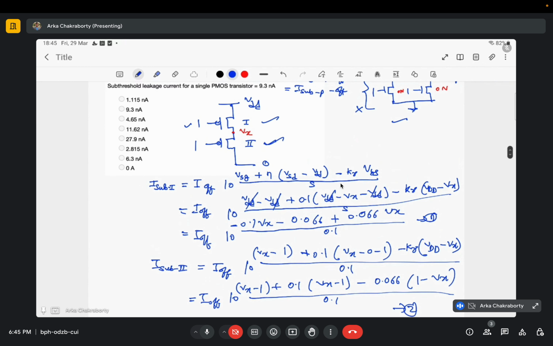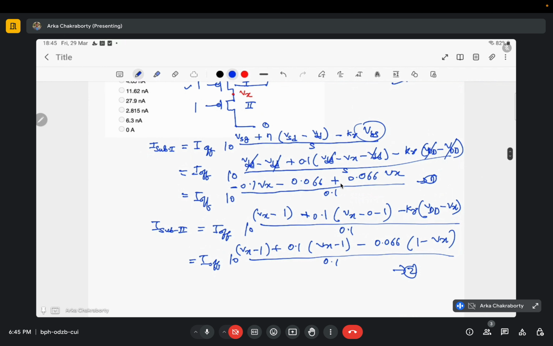Sorry, here if you see the VBS term, VB is here VDD and VS is also VDD, right? So it will not be Vx, it will be VDD minus VDD. So the K gamma term will not come into picture.